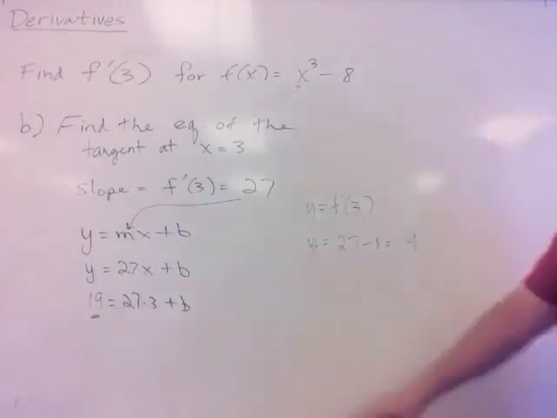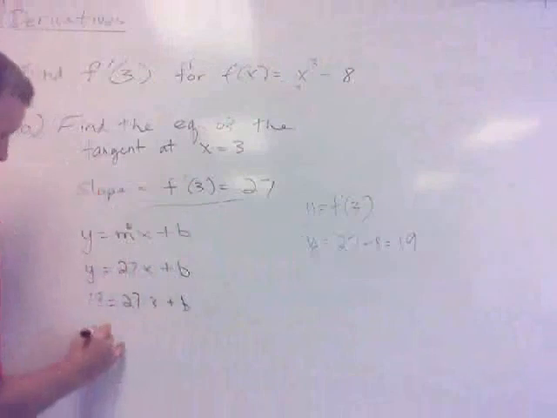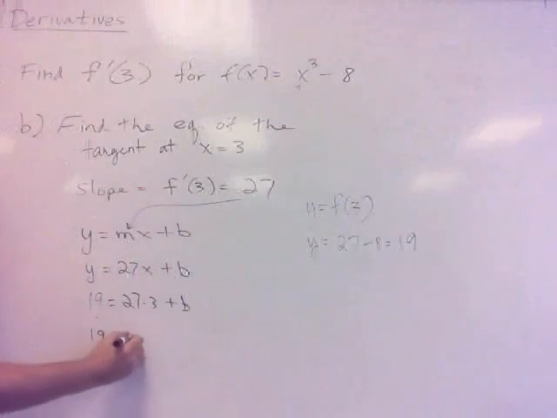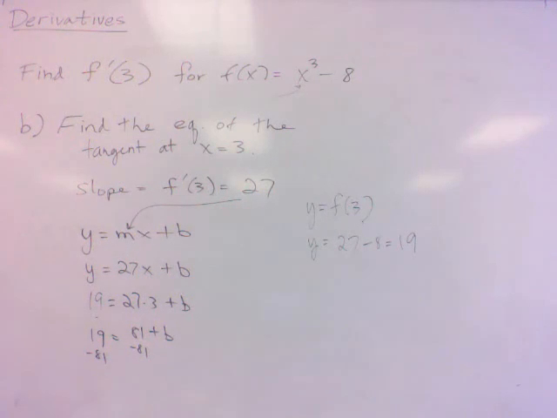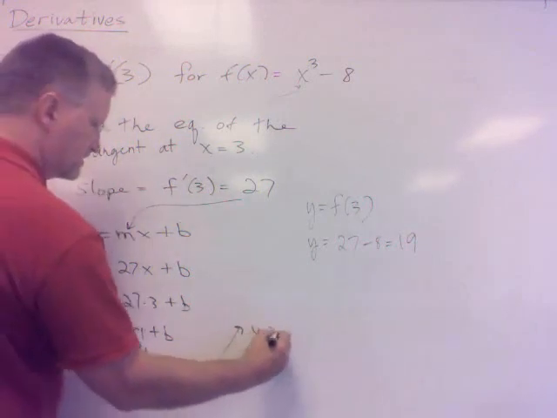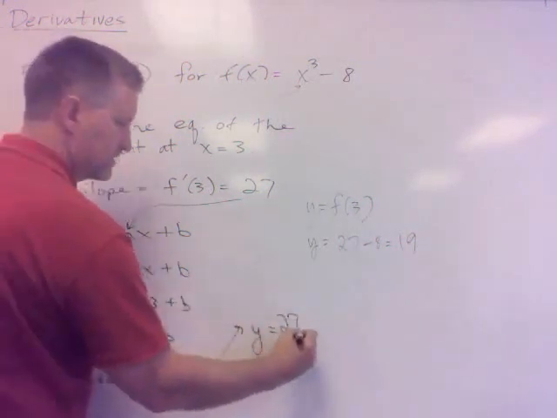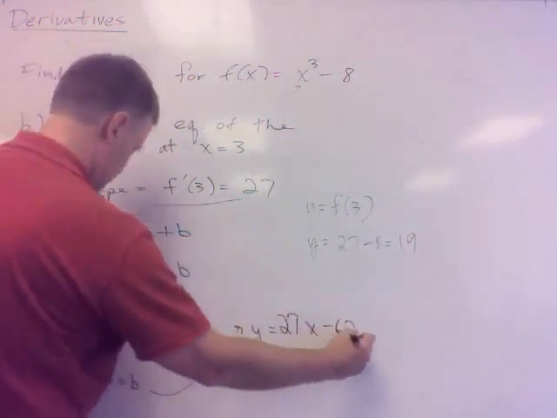So that's going to be 19 equals 27 times 3, which is 81, plus b. So it looks like b is going to be negative 62. So the equation of the tangent line is going to be y equals 27x minus 62.